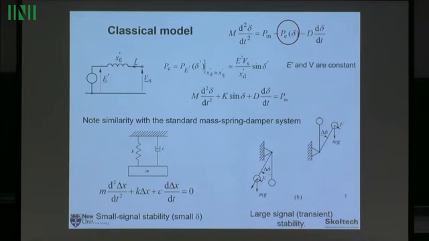The phenomenon of losing transient stability is like hitting the pendulum: it will swing around, go past 180 degrees, and lose stability because it will continue to rotate. The same thing happens with the generators. Transient instability is when the disturbance is so high that delta goes above a certain transient stability limit, and it will keep increasing.